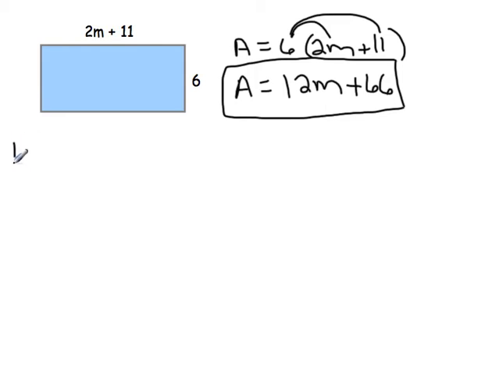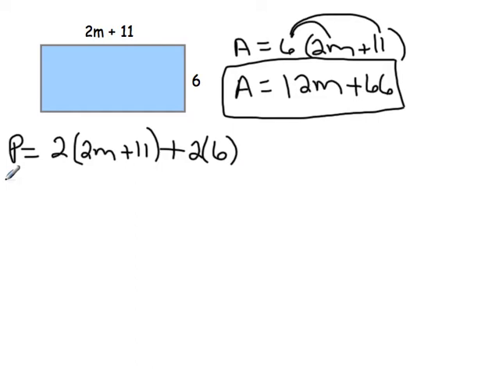Then we do perimeter. Perimeter is twice the length. So for this one, I'm going to go 2 times 2m plus 11 plus twice the length, so it would be plus 2 times 6. Again, going back to the beginning, first we have to distribute. 2 times 2m is 4m. 2 times positive 11 is plus 22.